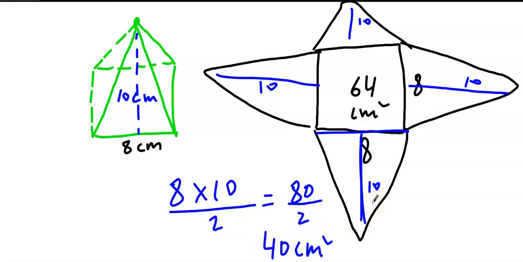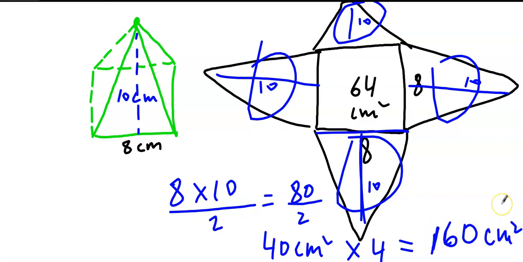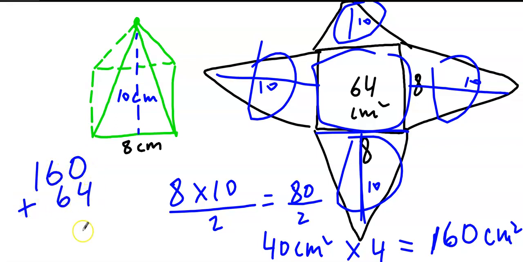for every triangle. 1, 2, 3, 4. 4 of those, so 40 times 4 of those triangles gives us 160 square centimeters. So we have the 4 triangles, plus we have the square, which was 64, so we do 160 for the 4 triangles, plus 64 for the square middle.